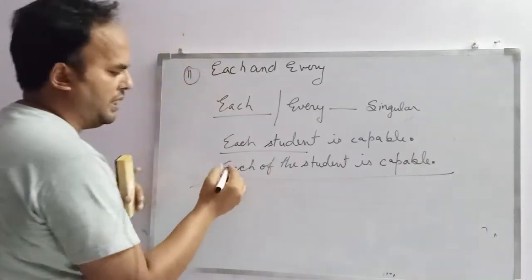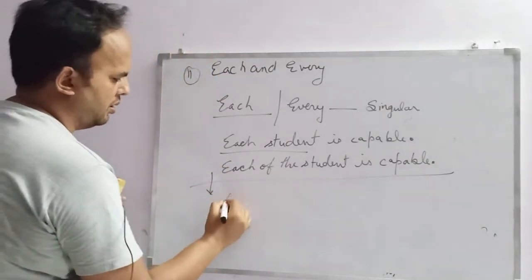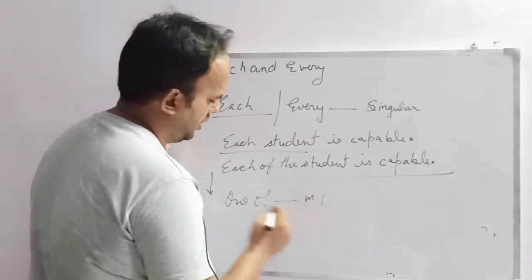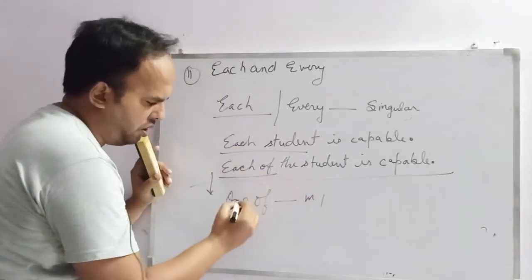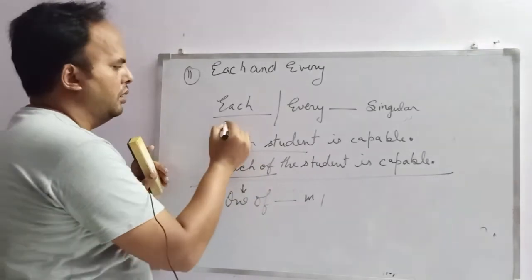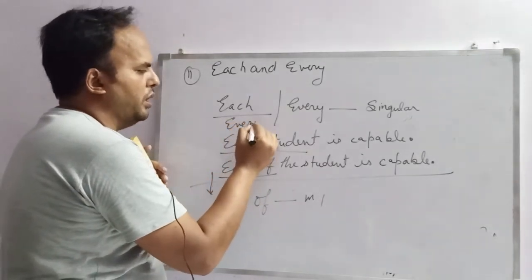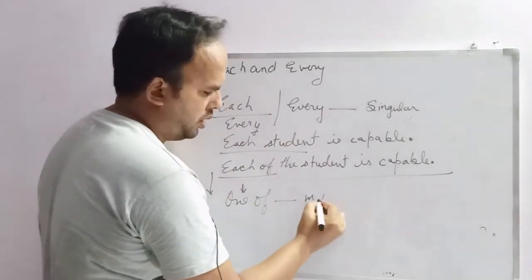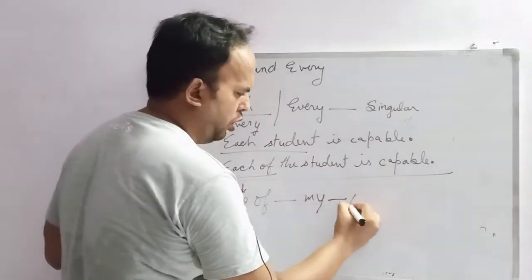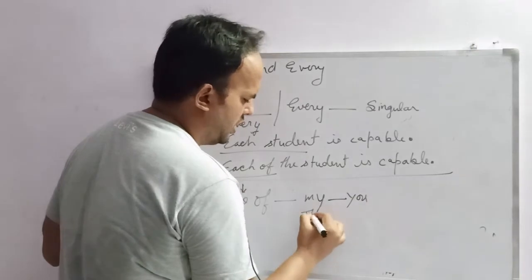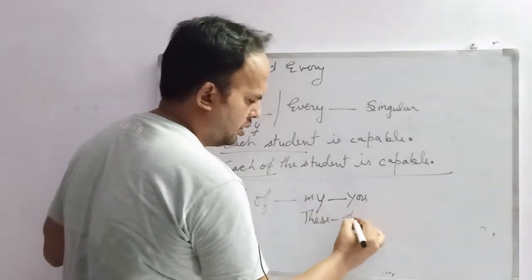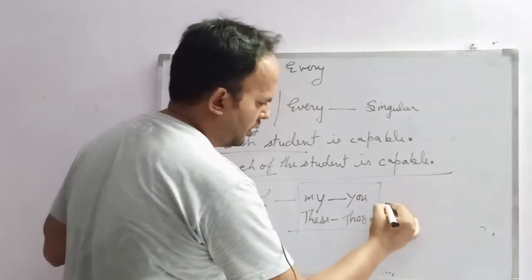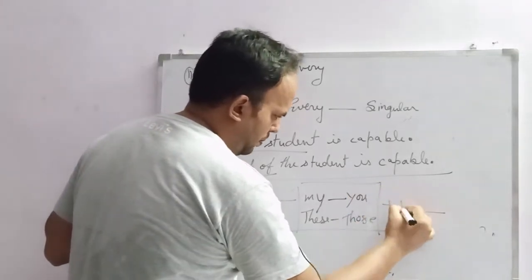To understand better, I am going to change this. I have changed each of into one of. You can use every student over here. Each one of my, or your, or these, or those, I am taking as with a plural subject.